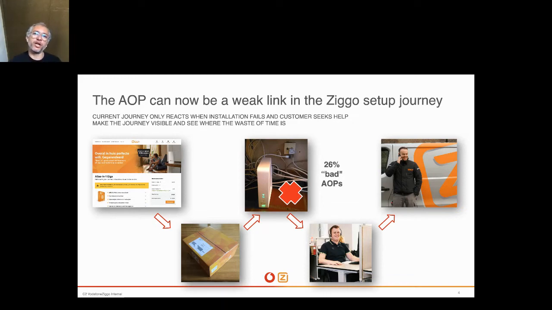For instance, in order to install the modem, they need a socket plate on the wall. In 26% of the cases, that socket plate is not compatible with the product that they have bought.